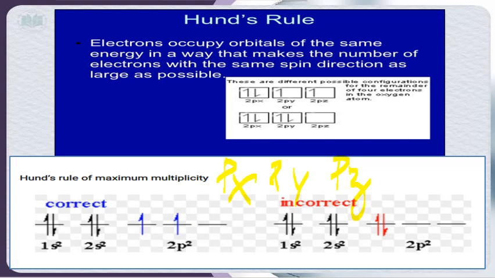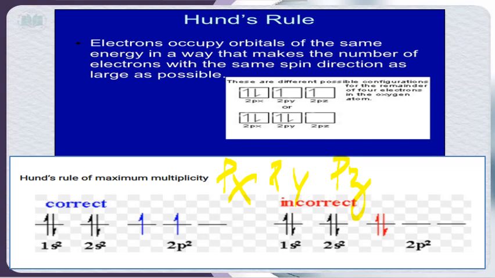So you can accommodate 2 electrons in px, 2 electrons in py, 2 electrons in pz. If all the 3 are available and you have 3 electrons to place in the p orbital, you will not place 2 electrons in px and 1 electron in py. Instead, you will place 1 electron in each of these orbitals with the same spin.